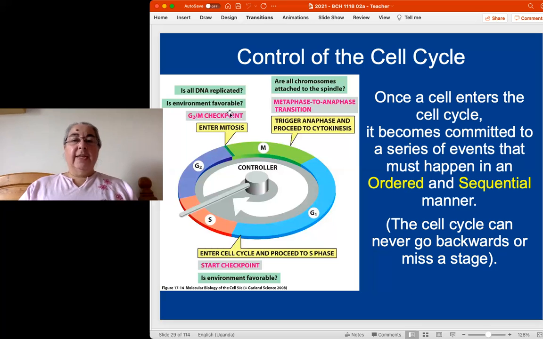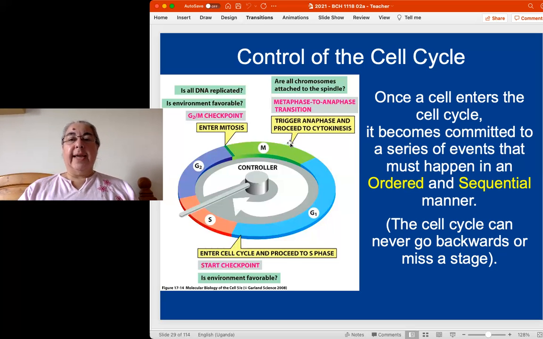Okay, so is all the DNA replicated? So if both those questions can be answered with a yes, the cell passes the G2M checkpoint and goes on into mitosis.